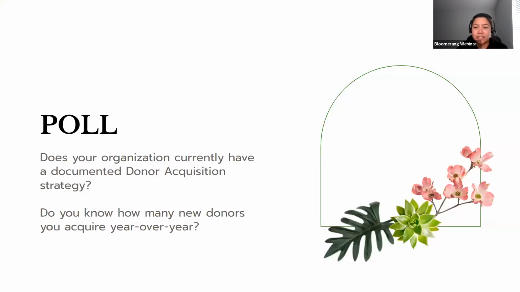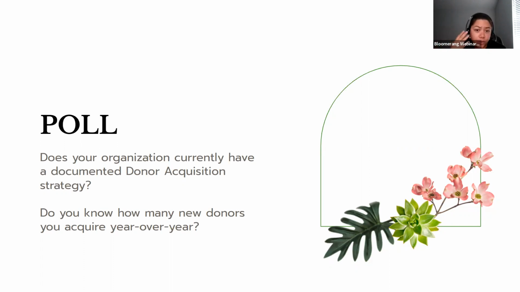Before we continue, I want to kick off a poll here. Please let me know, does your organization currently have a documented donor acquisition strategy? Maybe you have a strategy and it's well documented. I stress that here. Or maybe you have a strategy that you do tend to follow, but it is not well documented.